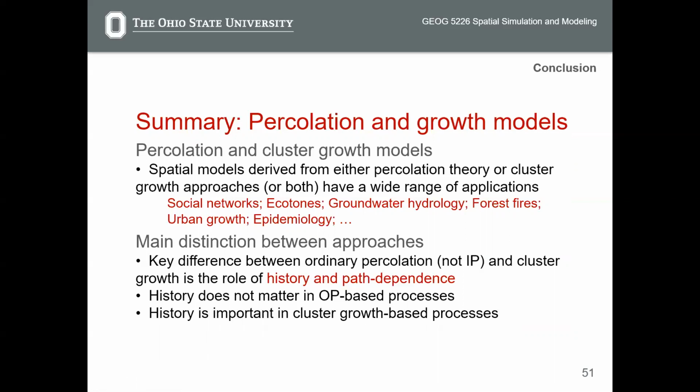But in IP, it is different. In an invasion percolation process, the cell with the least resistance will always be occupied at each step, which means that in IP, history also matters. But in OP, ordinary percolation, history does not matter.